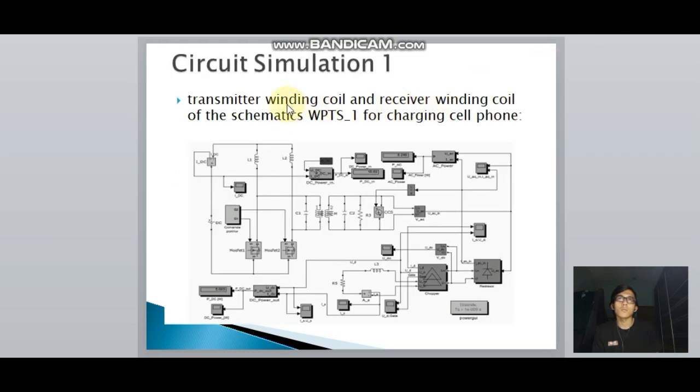So we came up with two circuit models. The first one is for charging a cell phone. This circuit is divided into two parts: this part is for the transmitter winding coil, and this part is for the receiver winding coil.